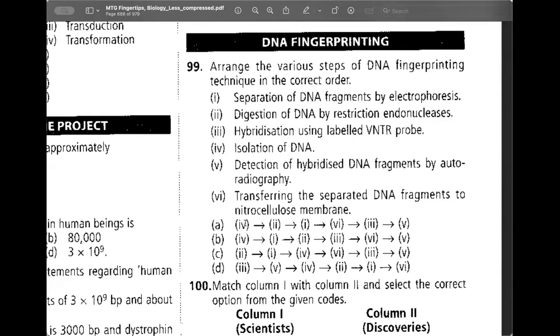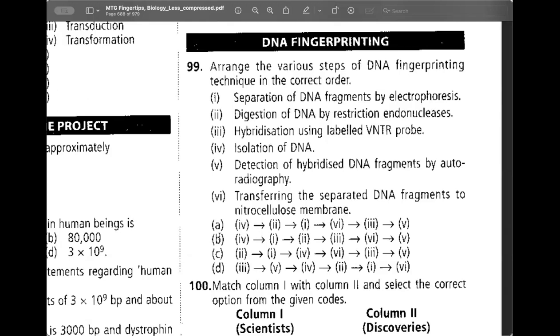So you still start with 4, which is isolation of DNA. Once you isolate DNA, what will you do? The question is two or one. Two is digestion of DNA by restriction endonuclease, and one is separation of DNA fragments by electrophoresis. You cannot separate the fragments before you make the fragments, right? You have to make the fragments first to separate them, and making the fragments is digesting the DNA, correct?